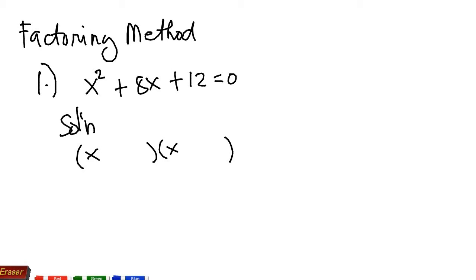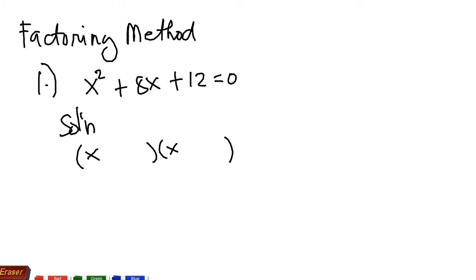From those factors, you're going to select the suitable factors of 12 such that we will be able to get the exact middle term. Actually, this is trial and error. You try all the possible factors that would fit the given middle term.